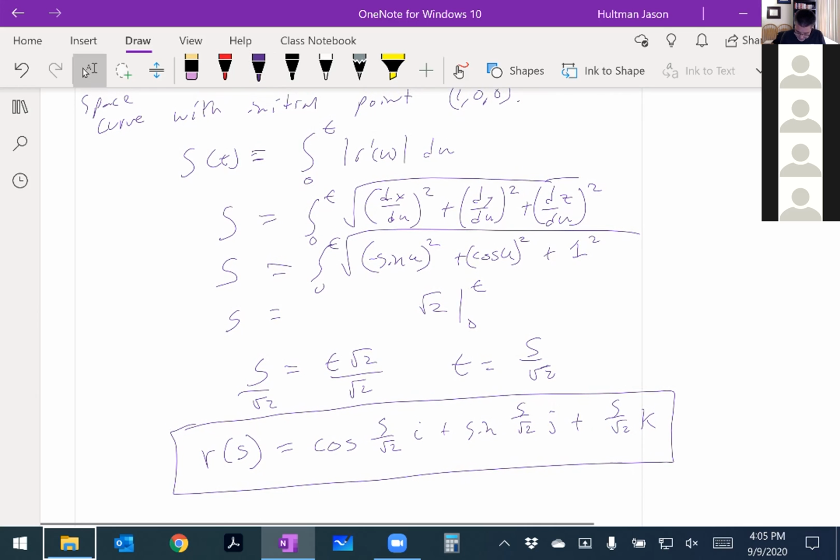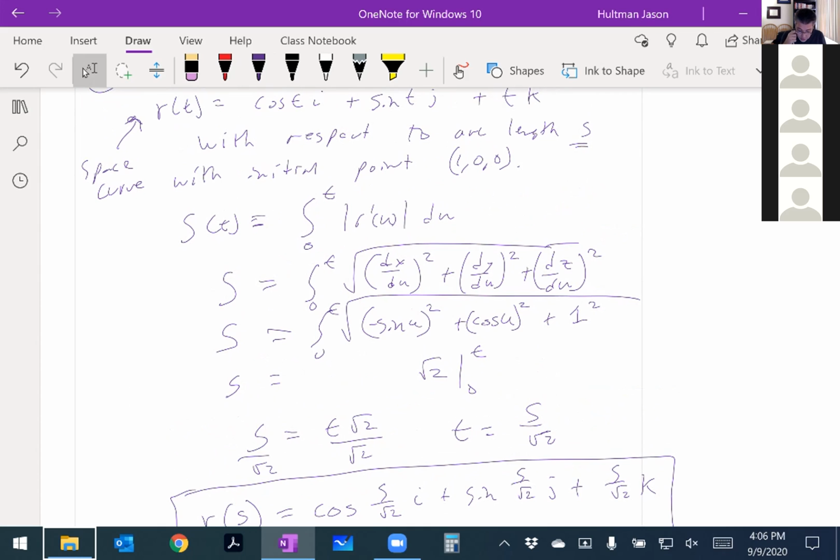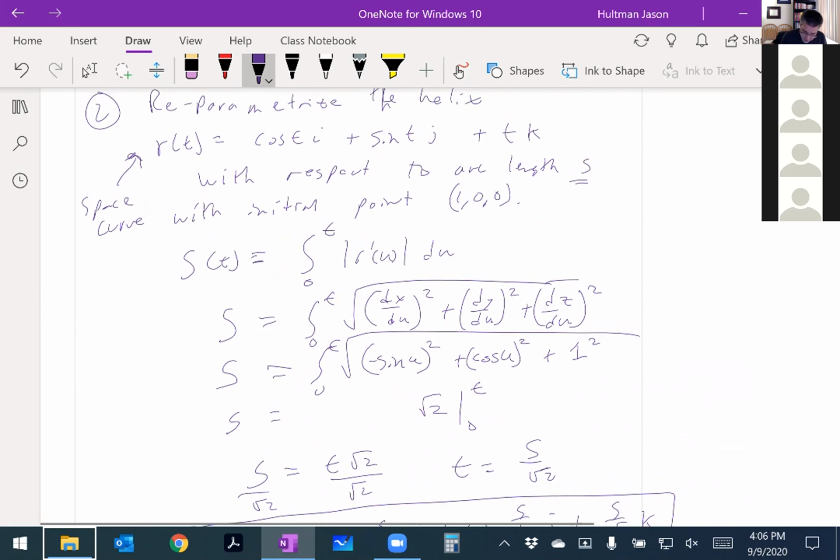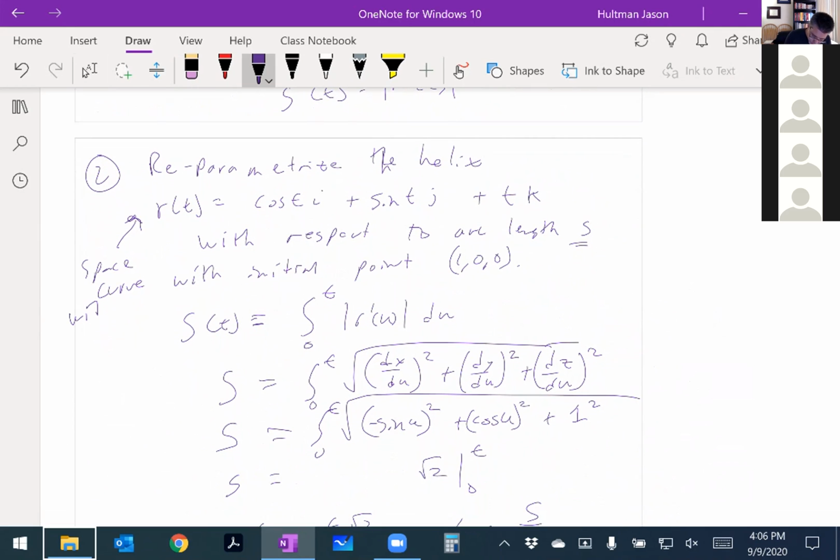Okay, but now we have the space curve with respect to t, which is your position vector. Now it's a space curve with respect to arc length, as opposed to a space curve with respect to t.